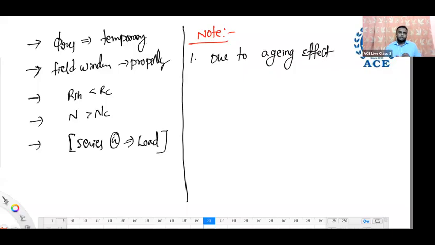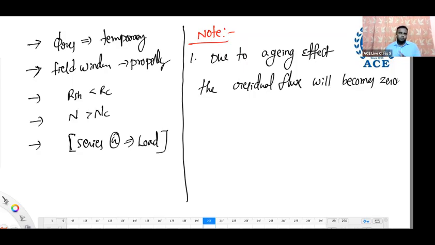Then if it is not operated for a long time, is there residual flux present? If a self-excited generator is not operated for a long duration, then the residual flux will become zero. That is due to the aging effect also.